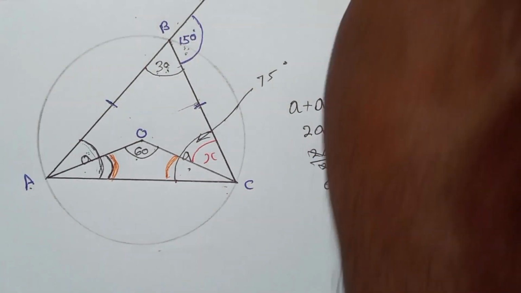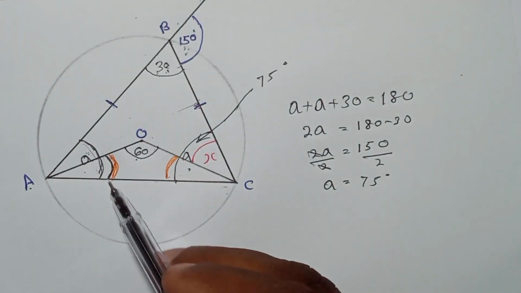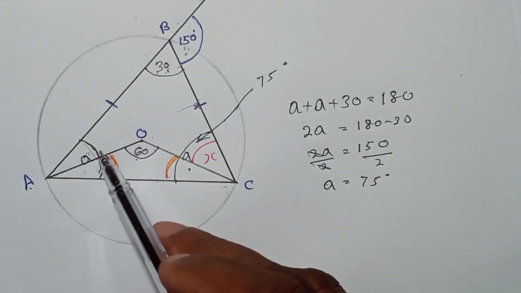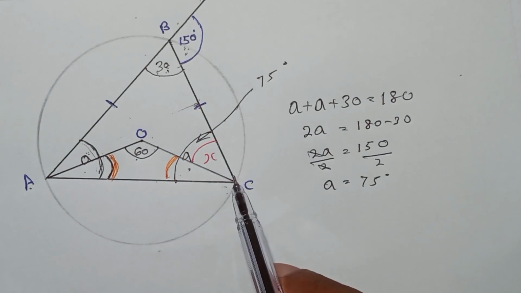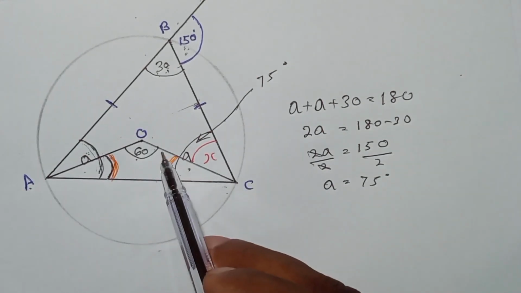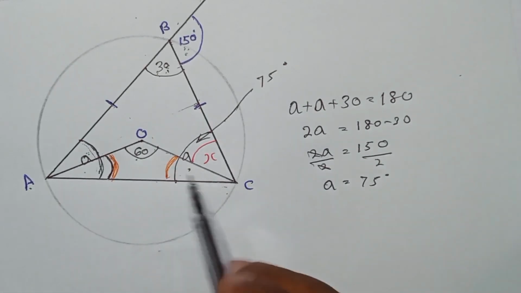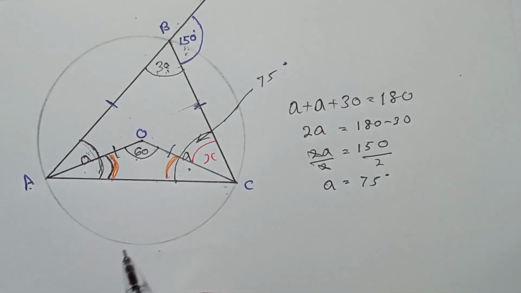Why? Look here: OA and OC are equal, because OA and OC are radii of the same circle, so these two sides are equal.